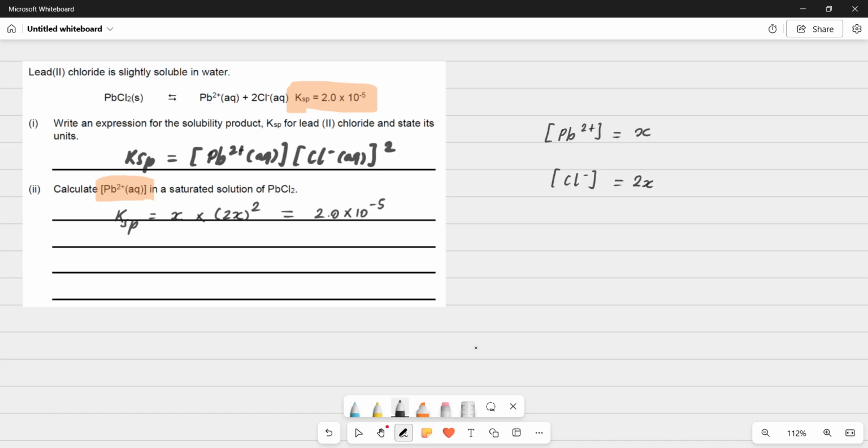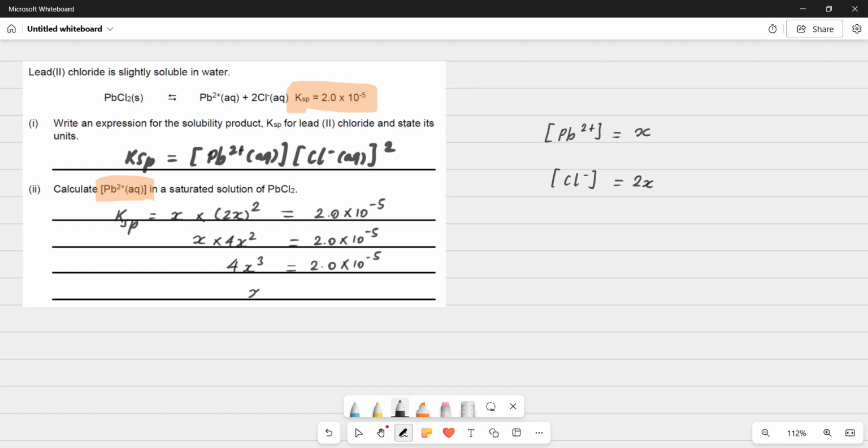Now we need to simplify and solve for x. So x multiplied by 4x², which is equal to 2.0 × 10^-5. So 4x³ is equal to 2.0 × 10^-5.